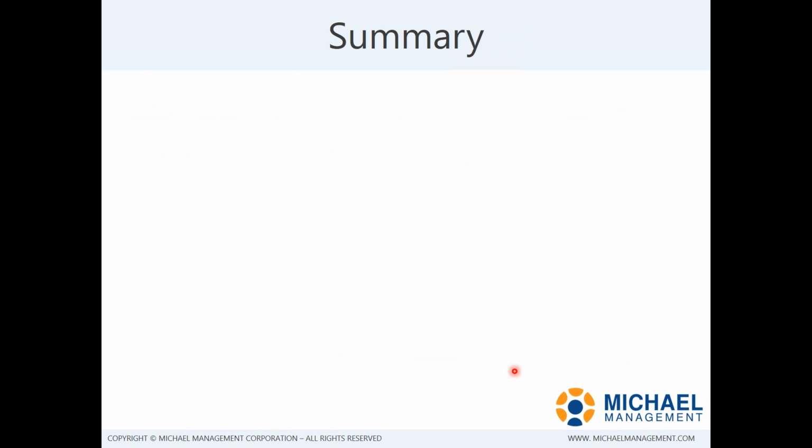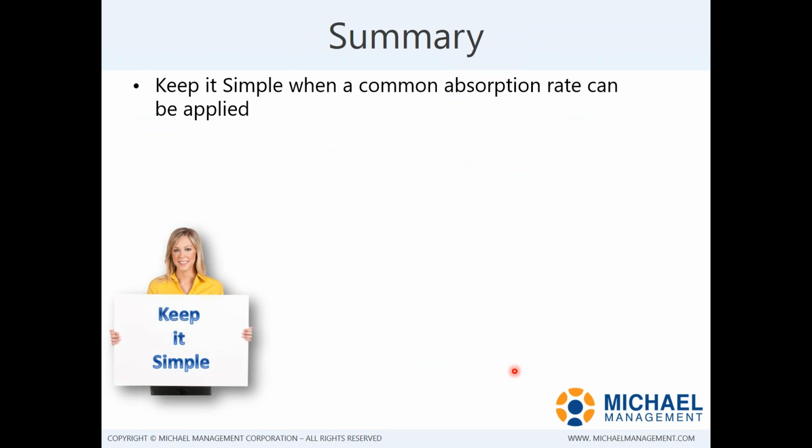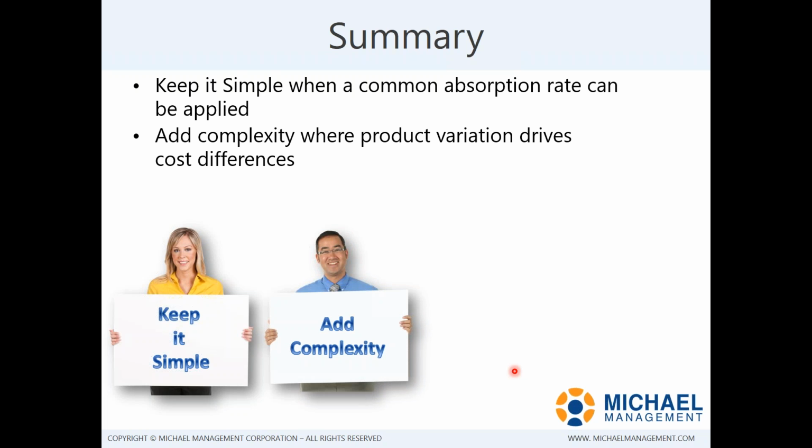So in summary, I would say keep it simple when a common absorption rate is useful, i.e. if you've got fairly simple requirements in a particular plant, using a costing sheet and applying a specific percentage rate to all products in the plant is very easy, with low master data maintenance. This can be a good strategy.